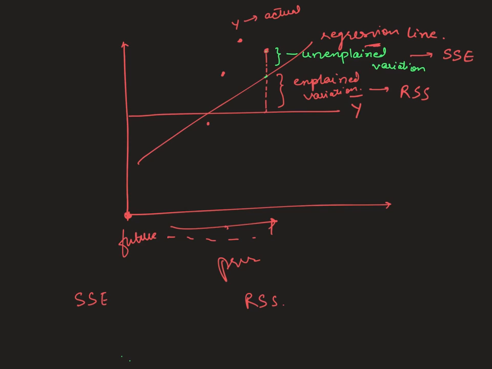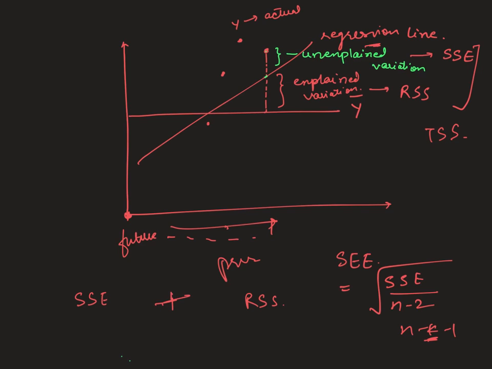Now there's something called SEE, which is RSS upon n minus 2, actually n minus k minus 1. So in linear regression k is 1, so it's n minus 2. And TSS, which is basically the sum of SSE and RSS.